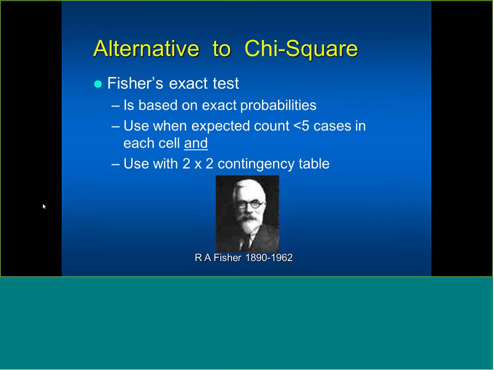So you use this when the expected count is less than 5 cases in each cell, and it comes into play when you have a 2-by-2 contingency table. So I couldn't have used it in the last example because I had what's called a 3-by-2, because remember I had 3 categories of socioeconomic status, and I had 2 categories of smoking.